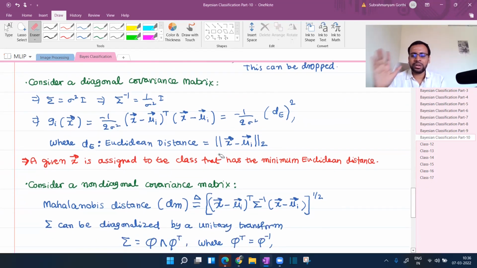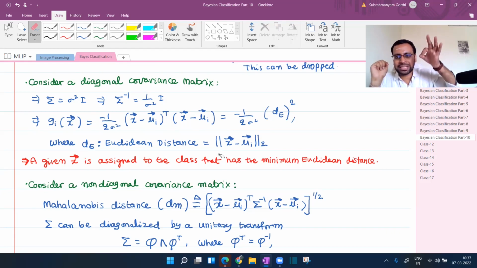So that's why all you need to do now, similar to what you did initially with probabilities and Bayesian theorem, before you come up with any discriminant functions that are monotonically increasing on similar lines, is this: if you have a diagonal covariance matrix, same for all classes, you are given an X bar, and your job is now to assign this X bar to one of these classes which are characterized by their mu i and sigma diagonal matrix.